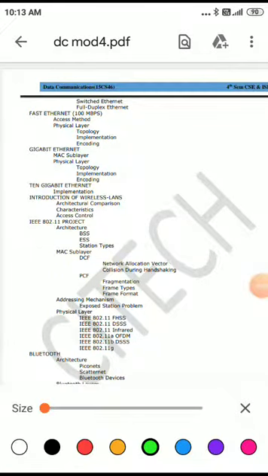In this video I am going to explain the IEEE 802.11 project physical layer. How are we going to implement this project in the physical layer?